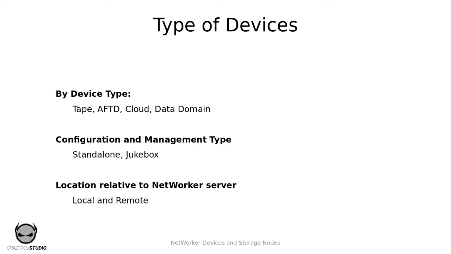Whereas in a standalone device, if you want to change the tape in a tape drive, this has to be done manually. So this category is mainly relevant when you're talking about tapes, and it does not apply to device types like Data Domain, cloud, file type or advanced file type devices, because in the latter we do not have to physically go and remove hard disks or anything of that sort.